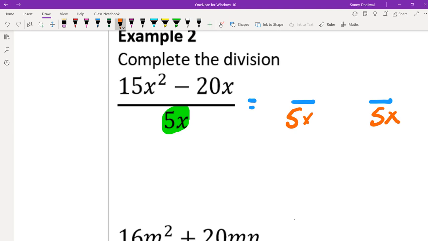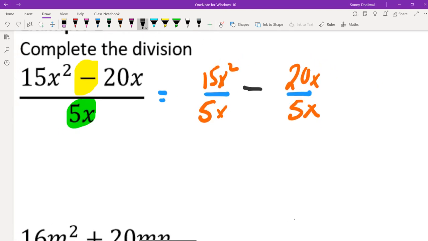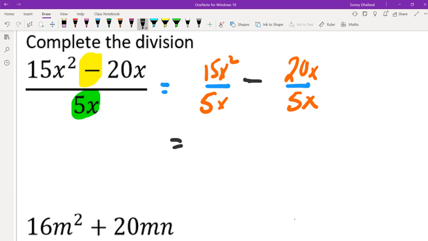What's the number on top of the first fraction? 15x squared, same as the first term, and 20x here. And we keep the same sign. Minus sign, minus sign. What does the first fraction simplify to? 3x. 15 divided by 5 is 3.